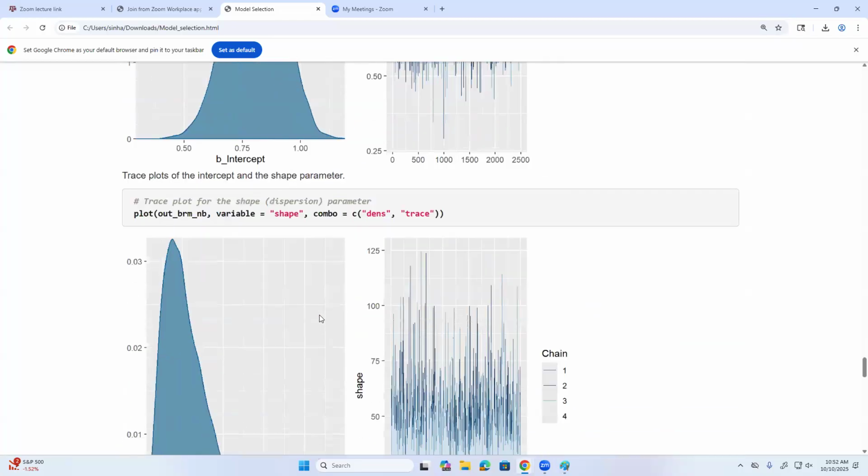R hat is similar to R squared. I cannot remember the exact sense, but it is one measure of calculating the convergence of the chain. What you can do, you look at the brm function, put a question mark before the brm function. It will tell you the description of how that R hat is calculated.